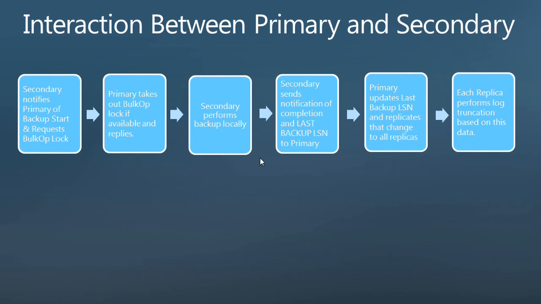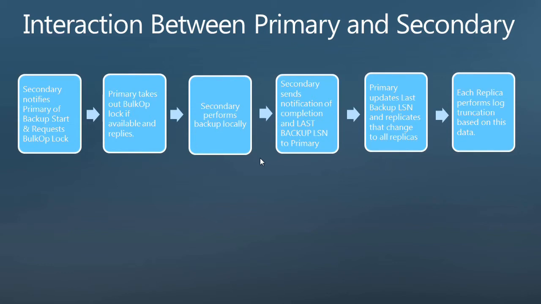And then each replica can do log truncation based on this last backup LSN. The transaction log is treated as a circular buffer, and we reuse segments of the log when certain conditions are met, including that we can't reuse a section that hasn't been backed up, otherwise we lose that data.